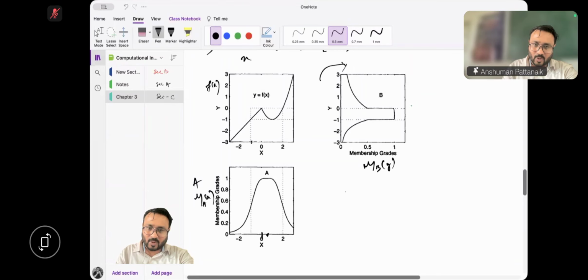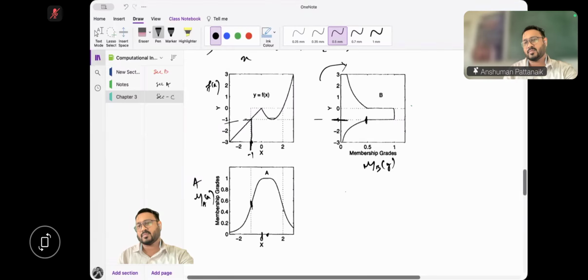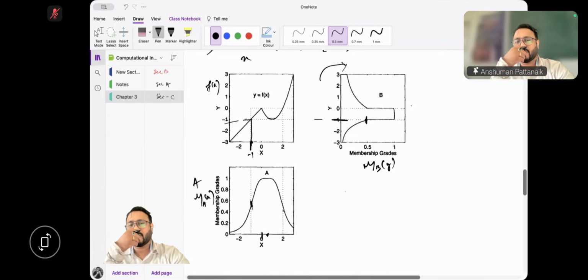You take any x over here, map it, you will get the y value. For that x value, whatever is the value you get, you copy that value and put it over here. If you observe, you will get that value here. For any value here, let's say minus 1. For minus 1, whatever is the membership value, around 0.5 or something. Now you check, if you extend this, you will get this. Are you following? Yes, sir.